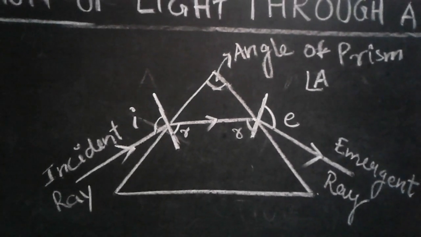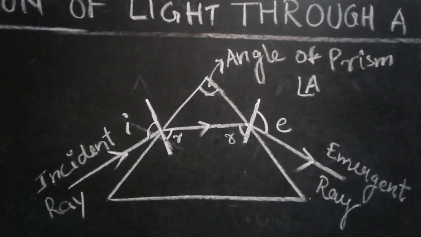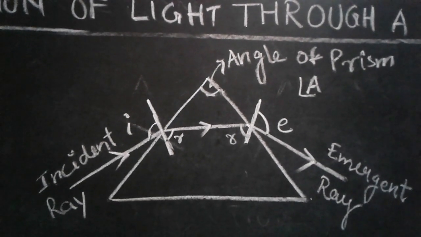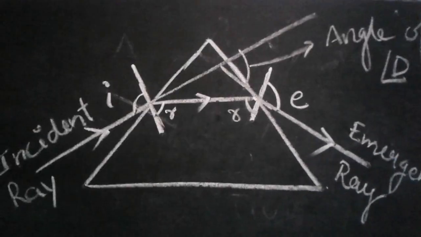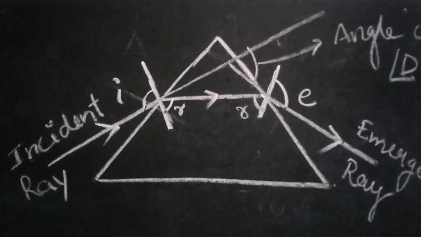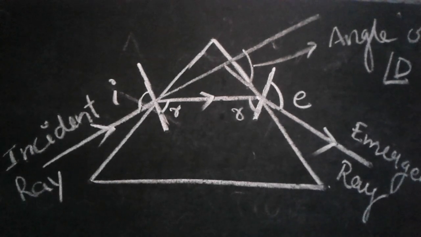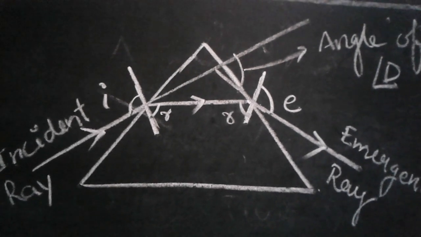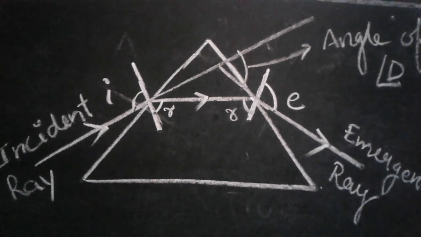The angle which you can see on the top is written as the angle of prism and it is represented by capital A. There is one more angle. If we extend the incident ray and the emergent ray, then they intersect at a point.